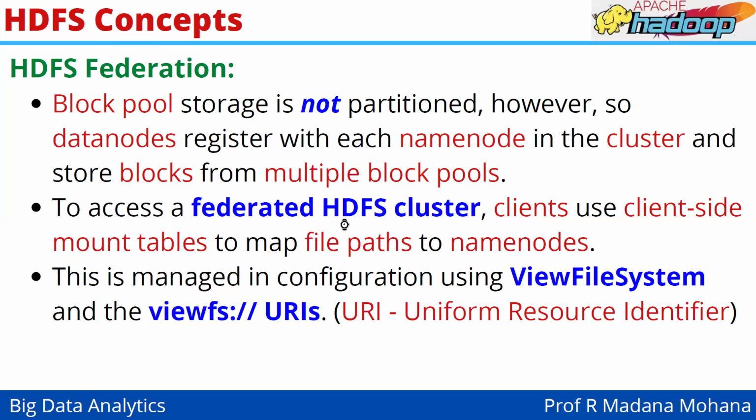To access a federated HDFS cluster, clients use client-side mount tables to map file paths to name nodes. This is managed in configuration using ViewFileSystem and the viewfs:// URIs, that is, Uniform Resource Identifiers.